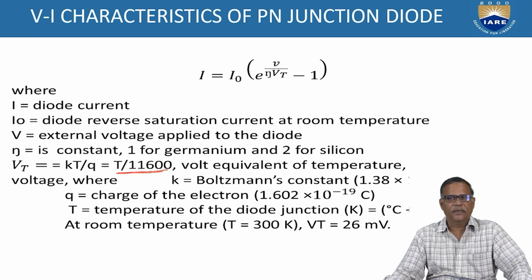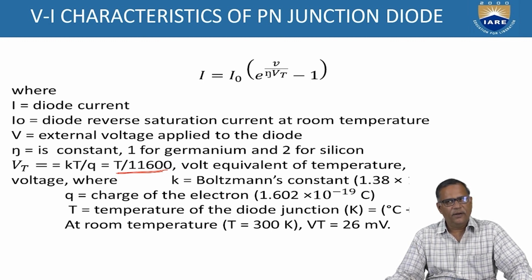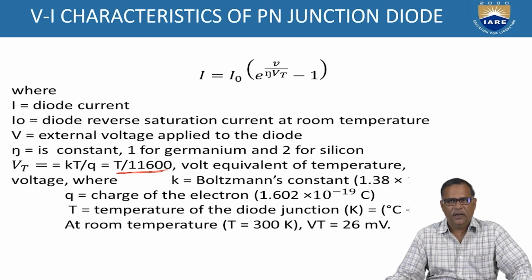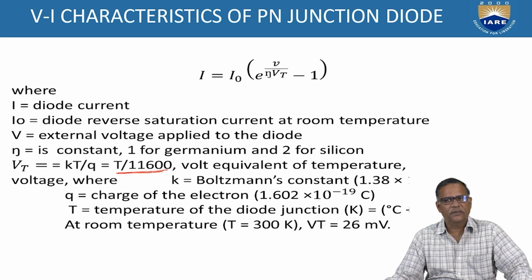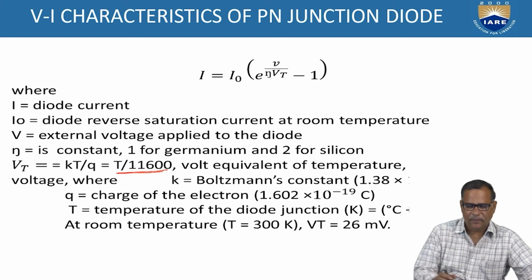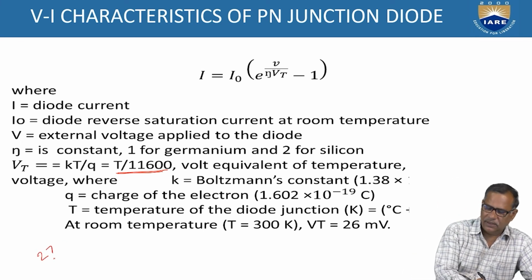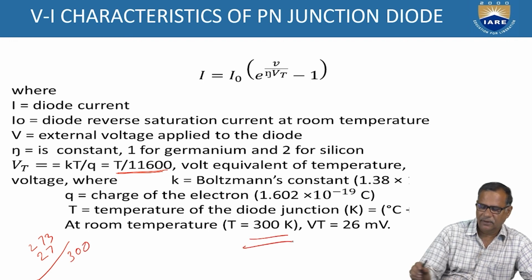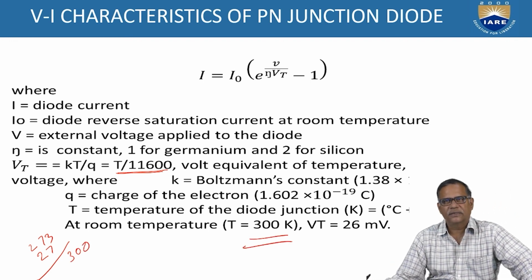T is the temperature of the diode junction; if you take degrees centigrade, you have to add 273. At room temperature, T is equal to 300 degrees Kelvin, because if you take 27, then 27 plus 273 gives 300. So 300 degrees Kelvin. So Vt is going to become 26 millivolts.